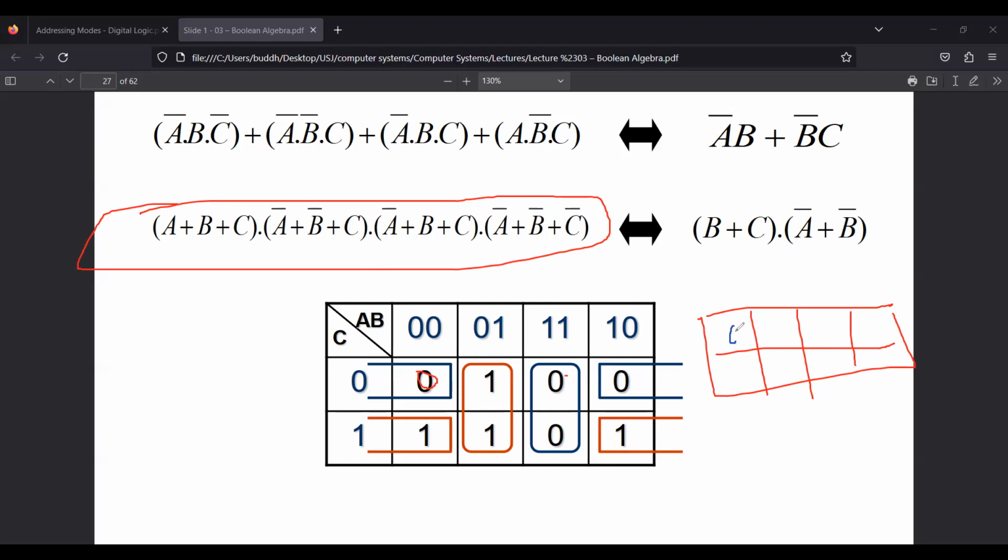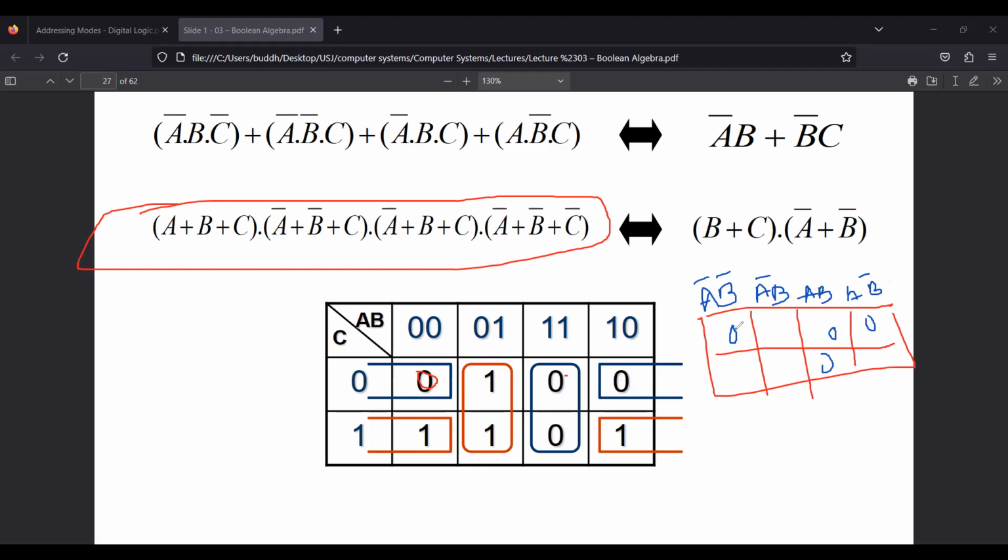So here it is 0, here 0, and here. So this is A bar B bar, A bar B, A B, and A B bar.